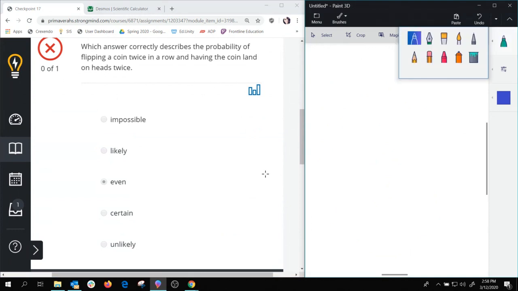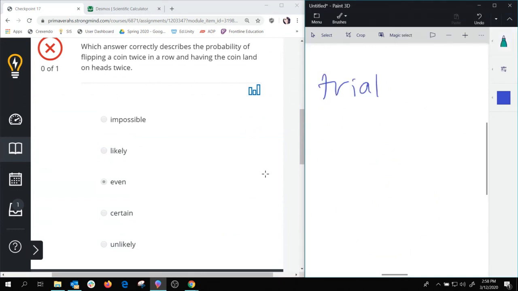So let's do what we did for that one problem, right? Here's trial 1 and trial 2. Both times you have a 50-50 chance of it landing on a tails. Nope, heads. Both times you have a 50-50 chance, right? So the probability question is using the word and, so that means we would multiply.